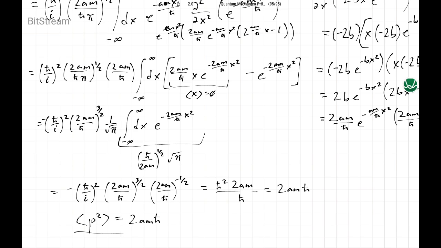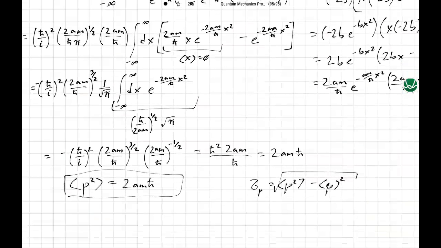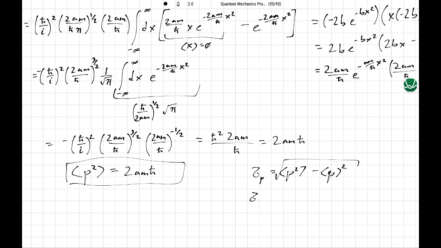That simplified so nicely that it's either clearly correct or clearly a mistake. Okay, so then my sigma p is just going to be this guy minus this guy, which was 0. So my standard deviation in momentum space is this.